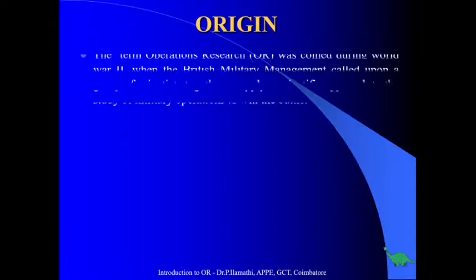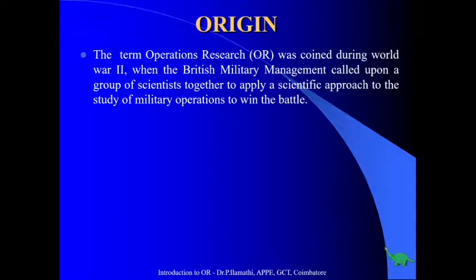So what the British military management did during World War II is they formed a team consisting of a group of scientists from various fields like mathematicians, engineers, medical professionals, physicians, and all these professionals formed together as a team.